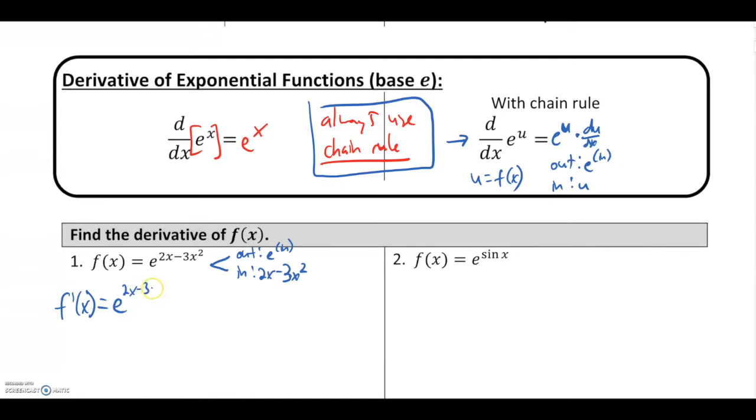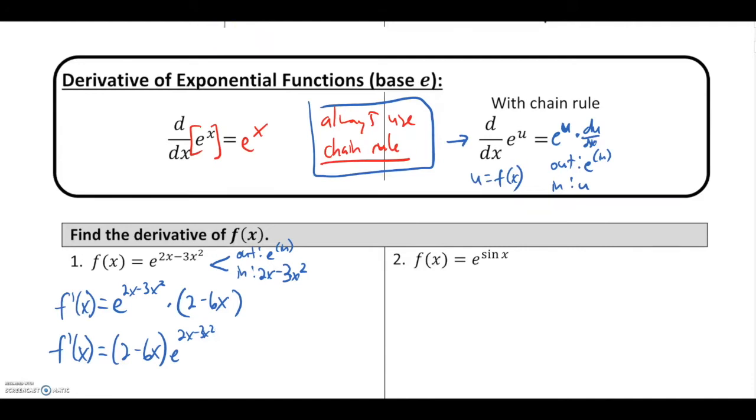So we're still going to get e to the 2x minus 3x squared times the derivative of the inside function, which is 2 minus 6x. And usually good notation to put any exponentials, any powers at the end. Our derivative is 2 minus 6x times e to the 2x minus 3x squared.